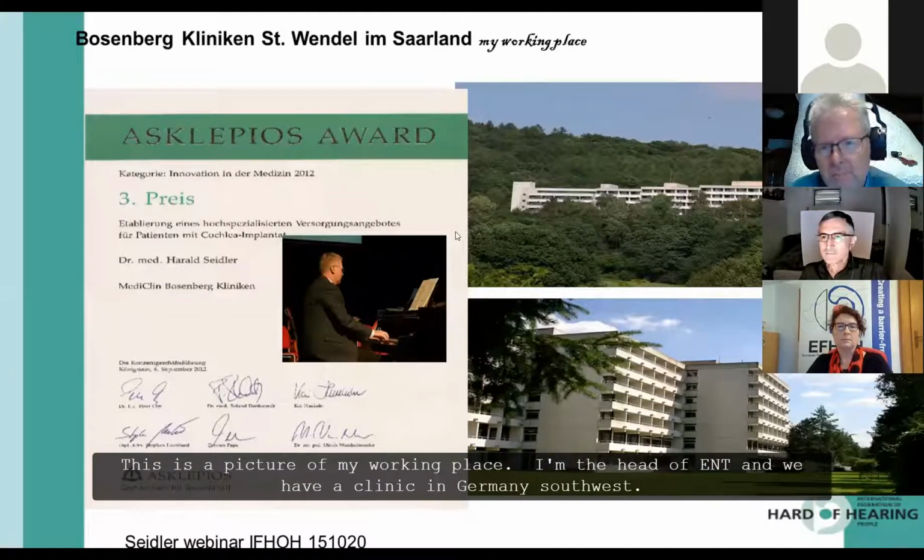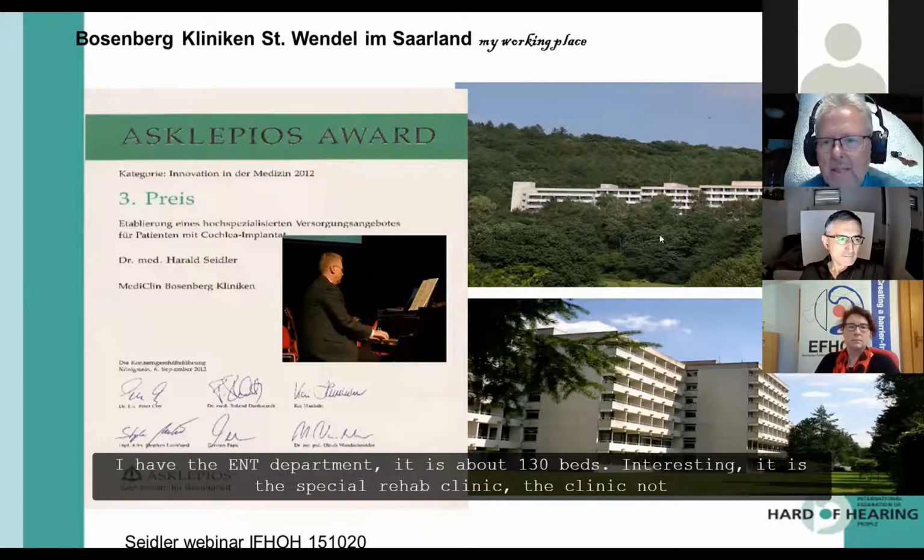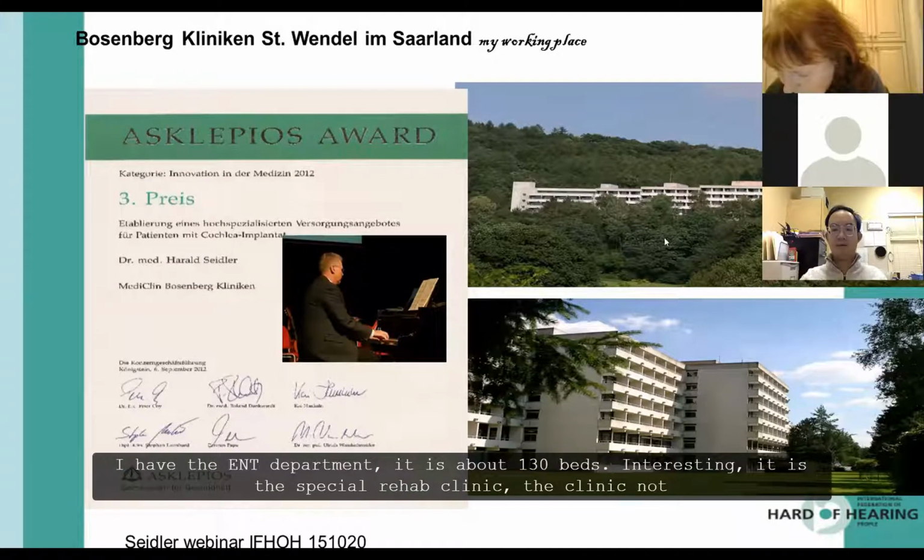So a little picture of my working place. I'm the head of ENT in a rehab clinic in southwest Germany. And here's the house, and I have the ENT department, about 130 beds.